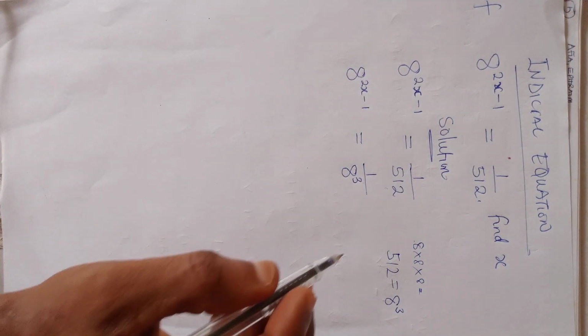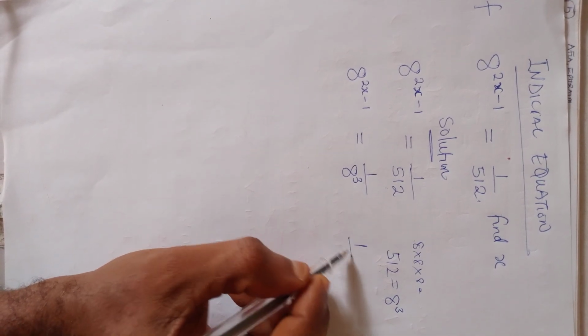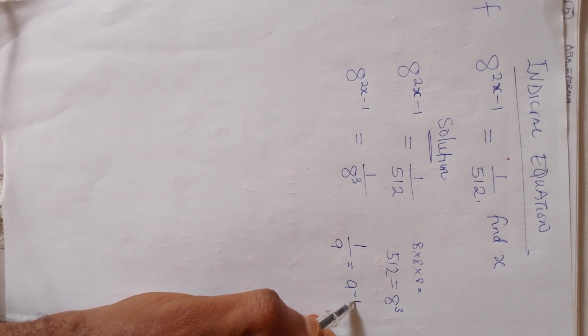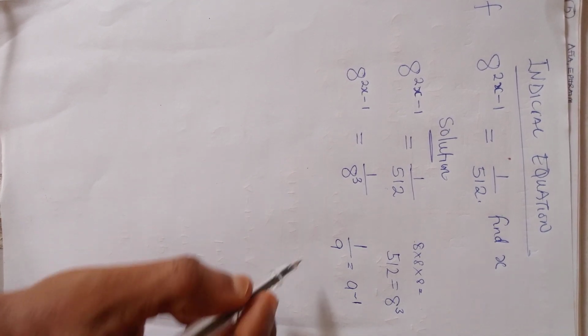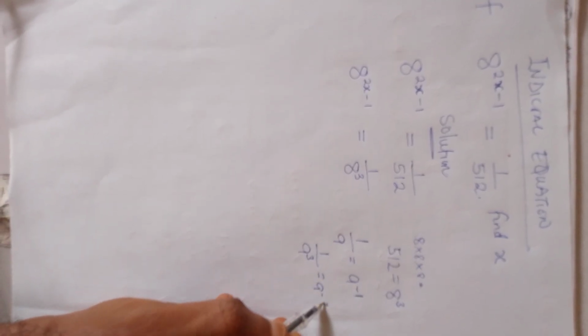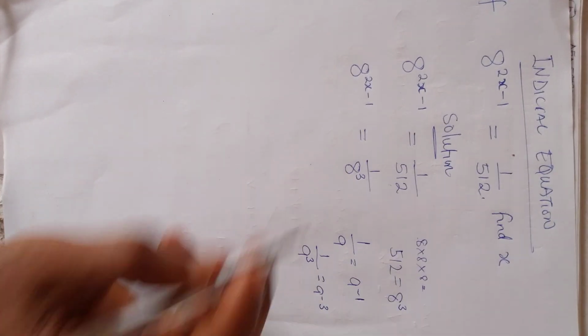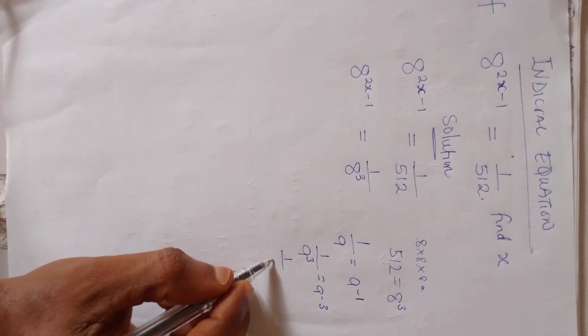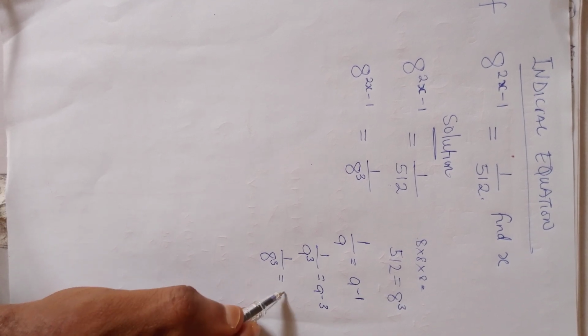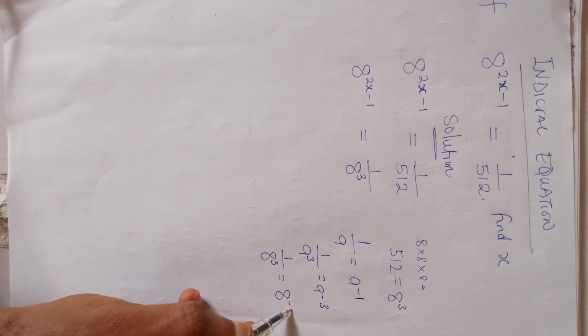Also, we remember that from indices, 1 over a is the same thing as saying a raised to power minus 1. Similarly, 1 over a raised to power 3 is the same thing as a raised to power minus 3. So 1 over 8 raised to power 3 is the same thing as 8 raised to power minus 3.